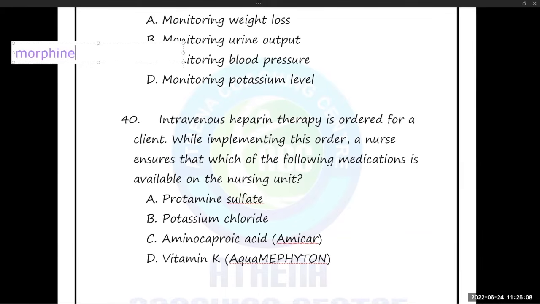What is the antidote of morphine? Naloxone or Narcan. What is the antidote of digoxin? Digibind. Is there any other word?